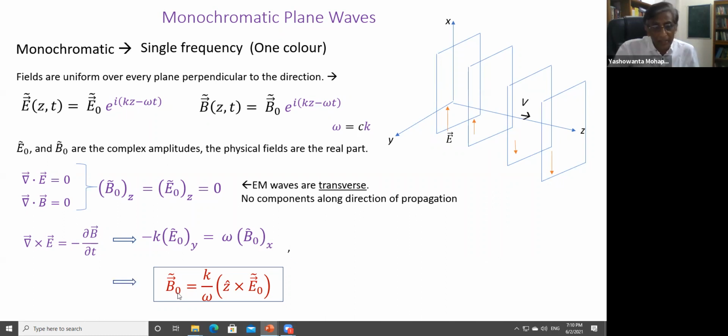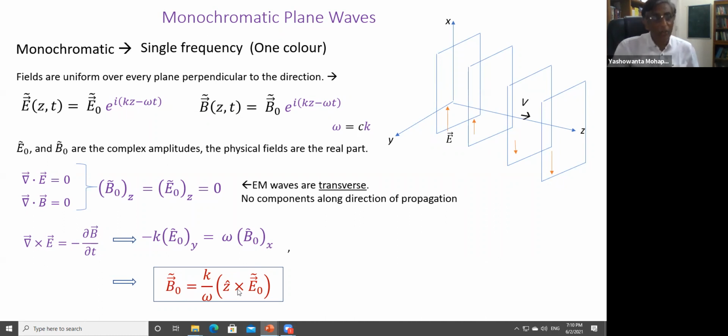And hence I get this condition that the two amplitudes, in a monochromatic wave, are related. Z is the direction in which it is propagated, so the propagation direction crossed with the full E naught gives you B naught.